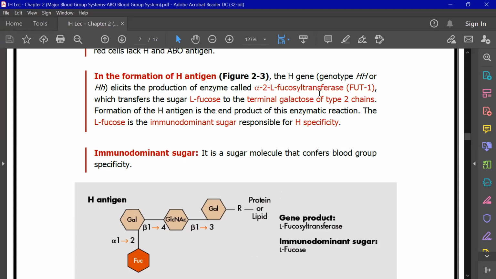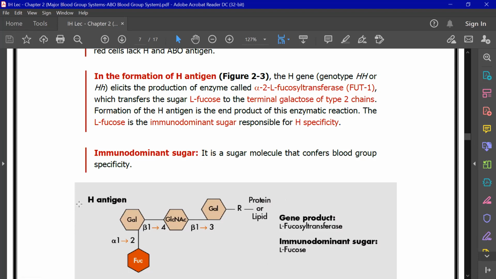This enzyme will add the sugar L-fucose, attaching it to our precursor substance. So this sugar plus our paragloboside structure, this entire structure, class, is the structure of our H antigen. This is how your H antigen is formed: your paragloboside, the precursor substance, with the sugar L-fucose attached to it.